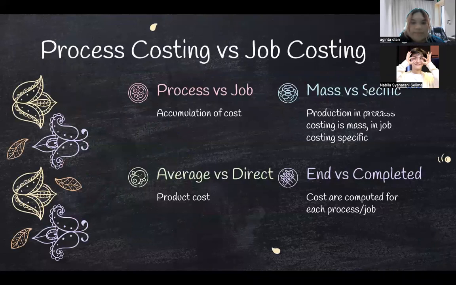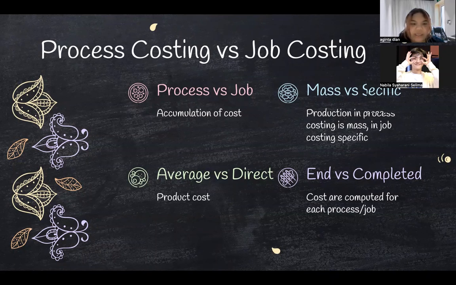Next is the difference between process costing and job costing. For process costing, the accumulation of cost is to process, but for job costing, the accumulation of cost is to job or contract. In process costing, the products consist of like units, identical manufacturing specifications, and are more suited to mass production. For job costing, products are manufactured according to customer specifications, and each job has its own characteristic.